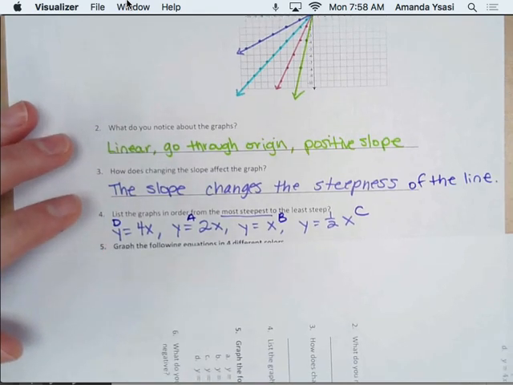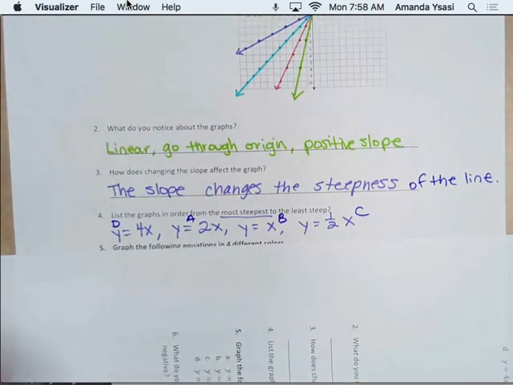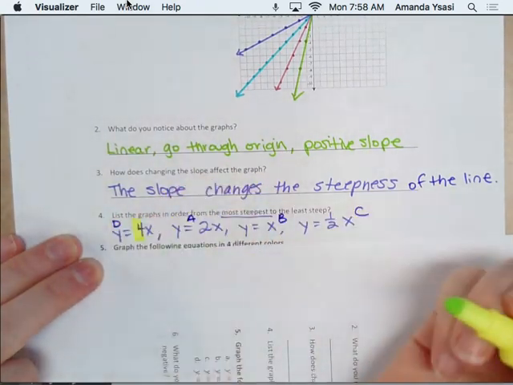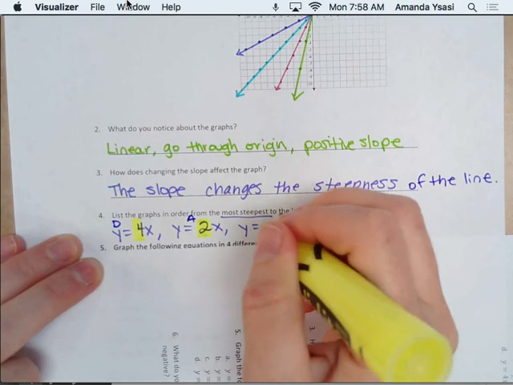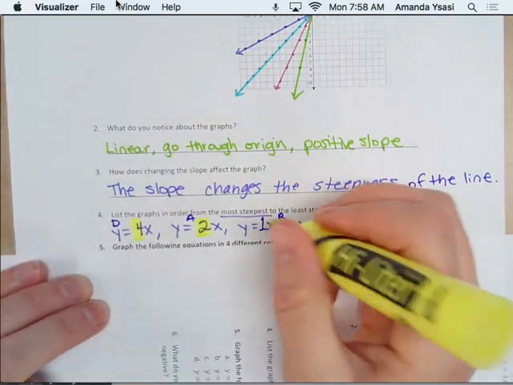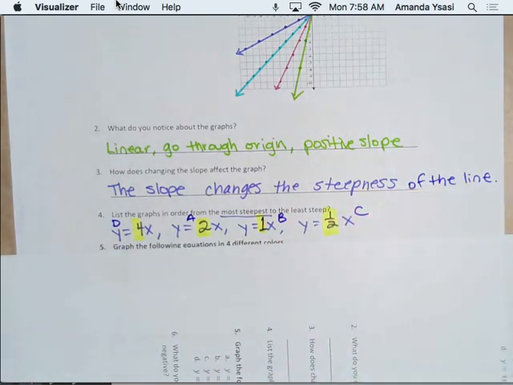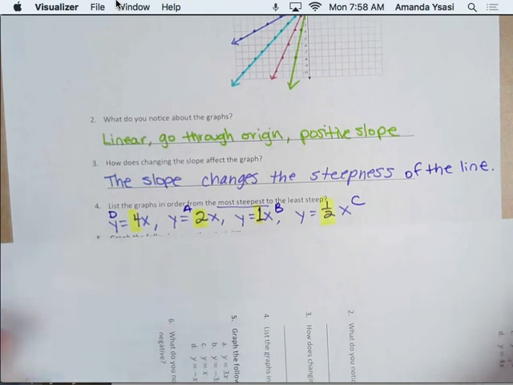So if we just look at the slope, this slope would be 4. This slope is 2. This slope is 1, right? And then half. Without even graphing them, how would you know which one's the steepest?